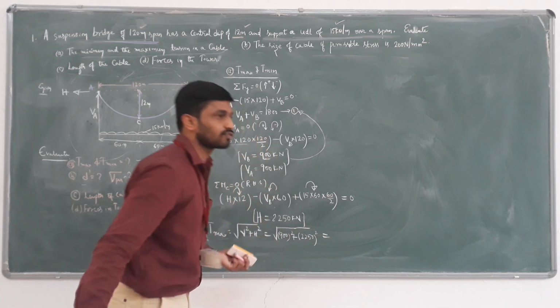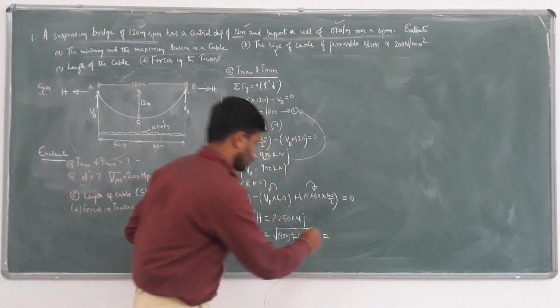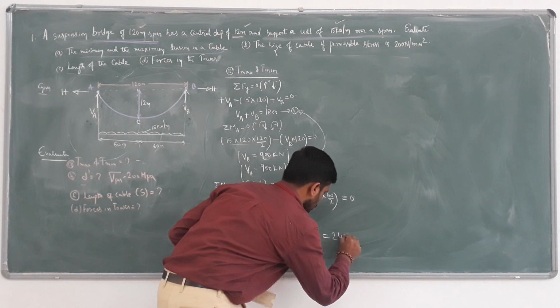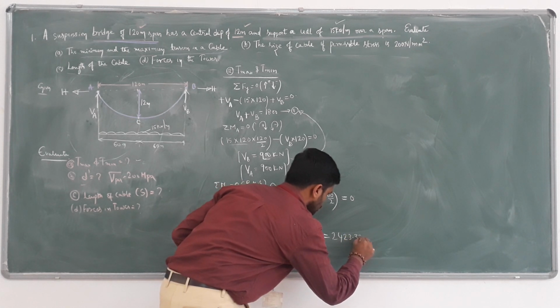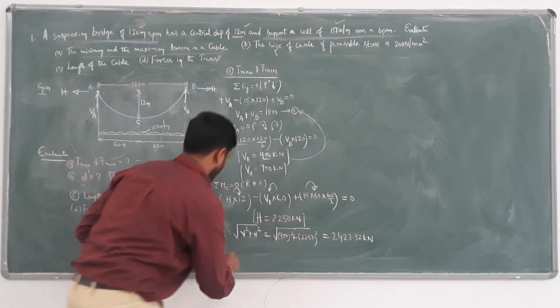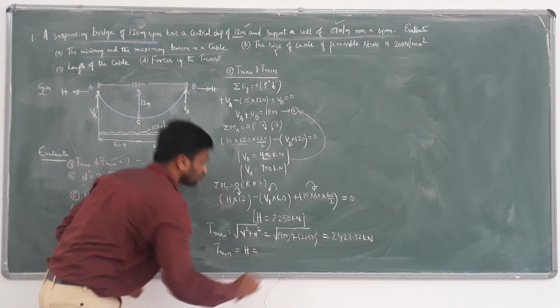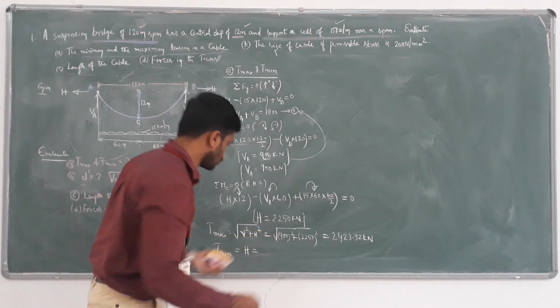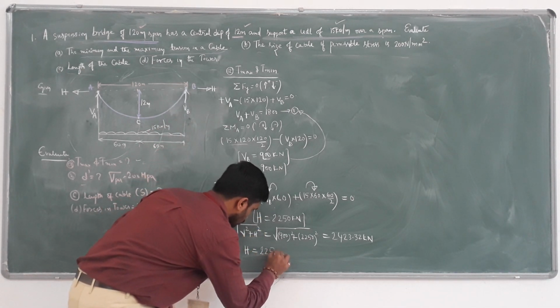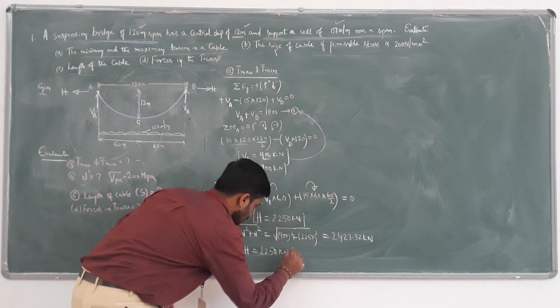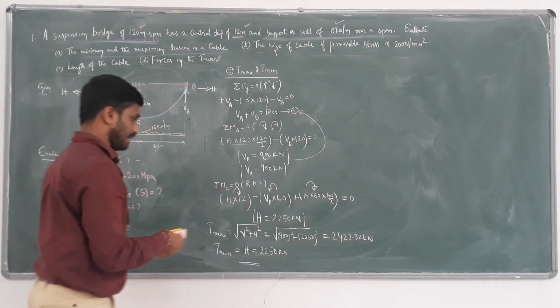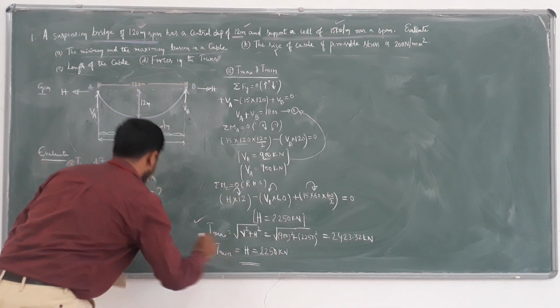How much is T max? 2423.32 kilonewton. And T minimum is equal to H, the horizontal force, which is nothing but 2250 kilonewton.